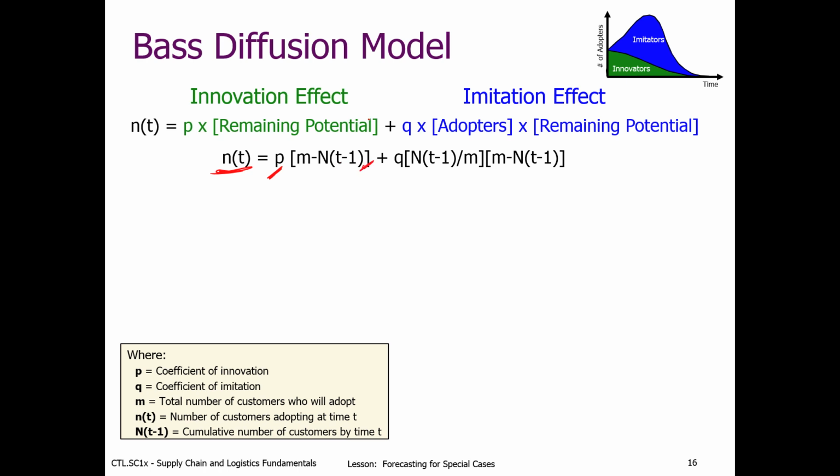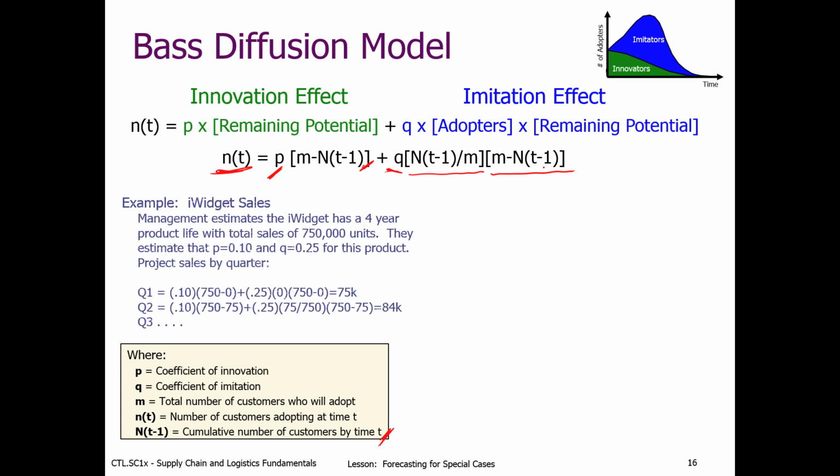So n sub t-1 is the cumulative number of customers who've already adopted by the start of time period t. They're already there, they're using it. So that's the innovation effect. Then the second term is the imitation effect, the imitation factor q multiplied by n sub t-1 over m, and that's simply the percent of the total market that's already adopted, and you're multiplying that by the total size of the remaining market who's out there.